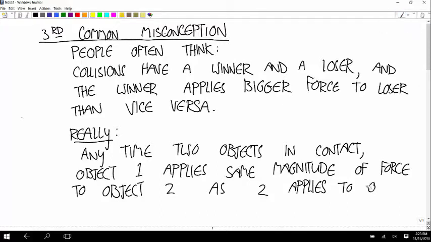And it doesn't matter what's going on in the contact, what the collision's like. If a semi truck runs over a squirrel, the squirrel applies the same force to the semi truck that the semi truck applies to the squirrel.